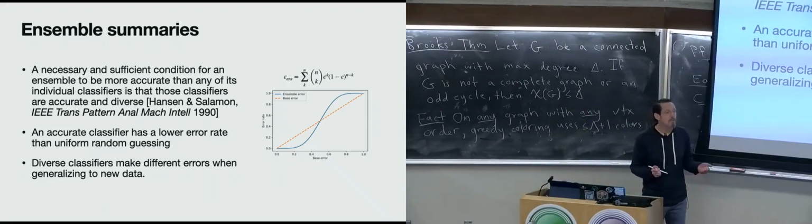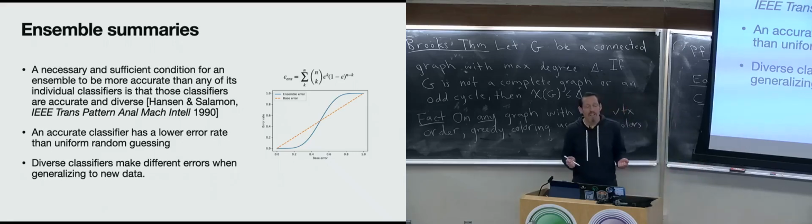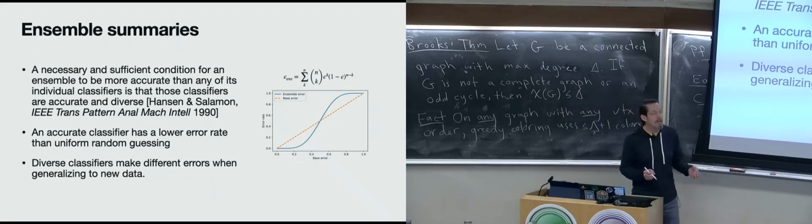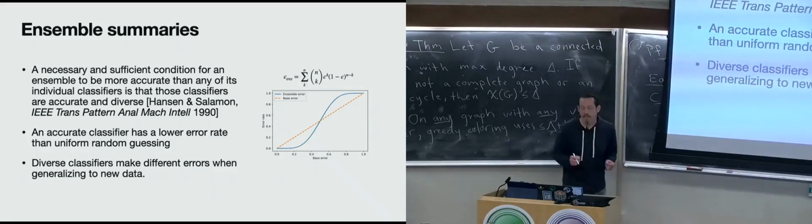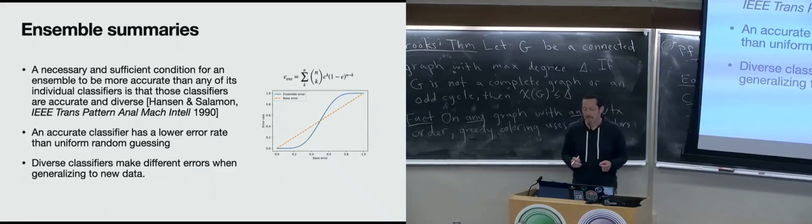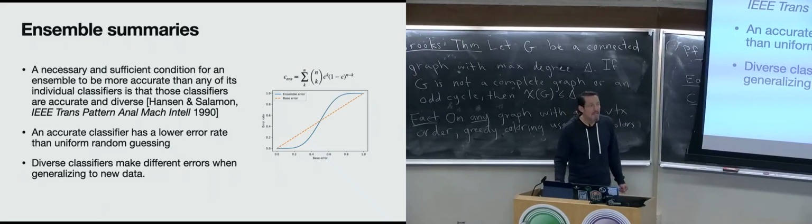That is, they have to be diverse or statistically independent, or however you want to couch that criteria. They also have to be accurate in the sense that they're better than guessing randomly. They don't have to be much better, just a little better than guessing randomly. When you have that situation, you can pile together a gazillion of these bad classifiers and make one good one, or bad regressors and make one good one.